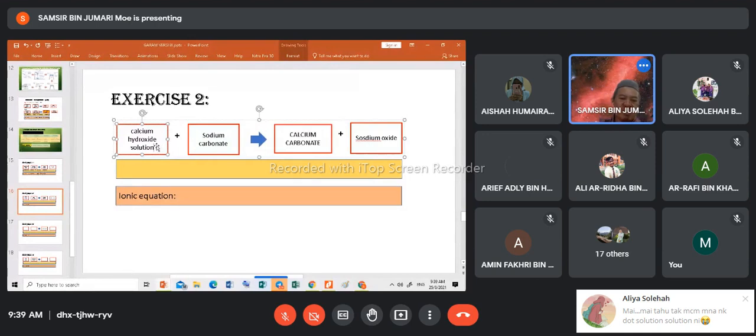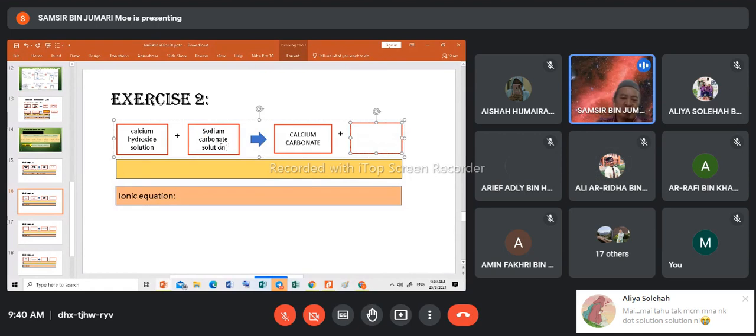And sodium carbonate, can we use it? Can we find it in solution? Is it a soluble salt? Yes, very good. Sodium carbonate is a soluble salt, and all sodium salts are soluble, so we can make it a solution.